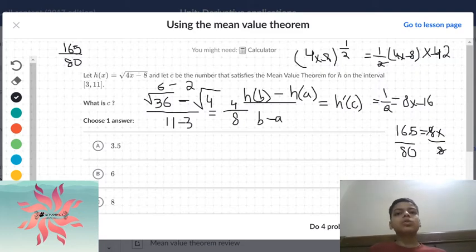We cut by 5, it will be 33 divided by 16.